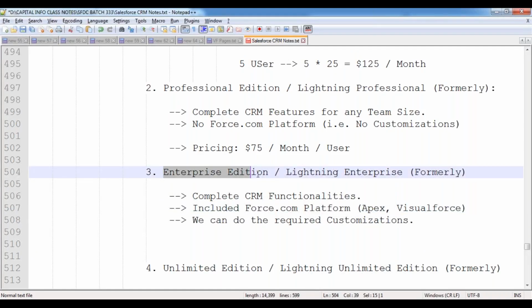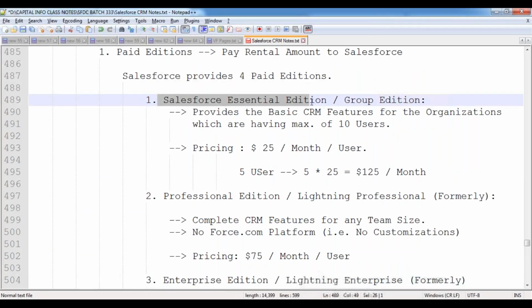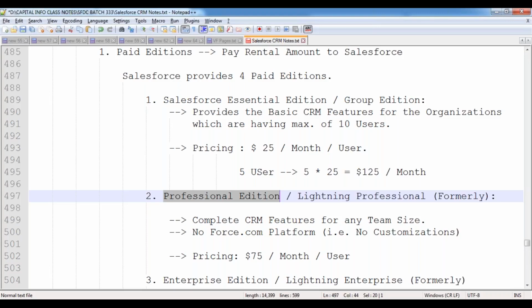From Enterprise Edition onwards. So minimum you have to buy Enterprise Edition, either Enterprise Edition or Unlimited Edition. In the previous two editions, Essential Edition and Professional Edition, you don't have any customizations. We don't have any Force.com platform concept. Only ready-made features are available, which we can operate through mouse pointers.